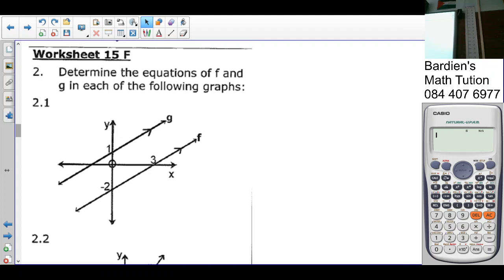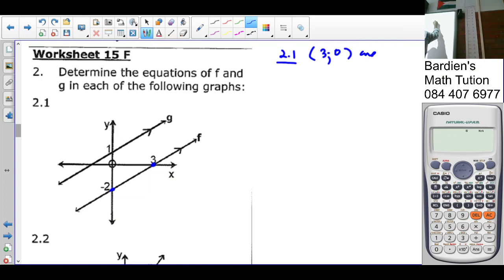Right, determine the equation of f and g in each of the following graphs. To calculate f, let's go with f first. Do we have 2 points? Yes. What are the coordinates of those points? 3 and 0, and 0 and negative 2.